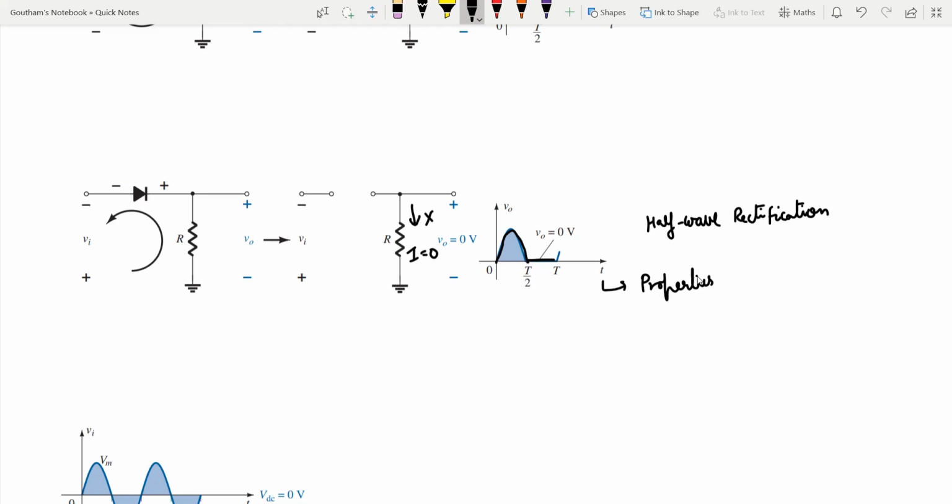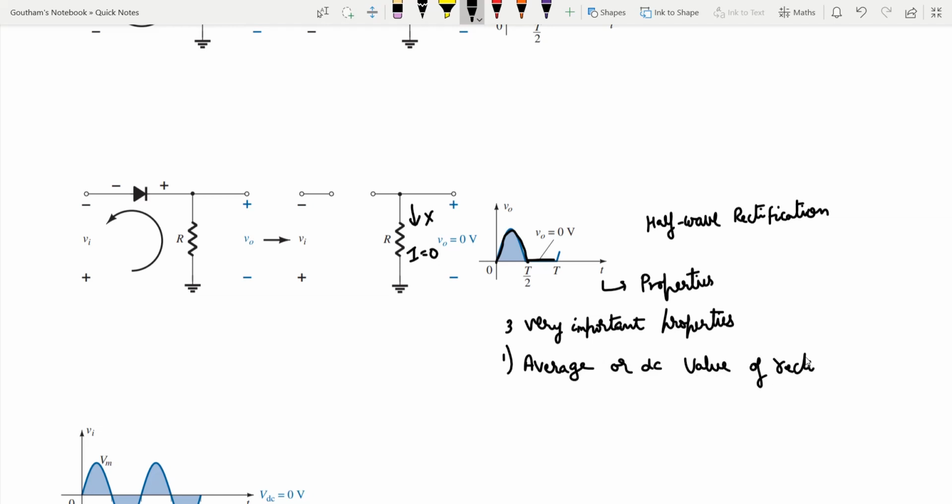And there are three very important properties of any rectified wave. So those three important properties are: the first one is the average value or the DC value of the rectified output.